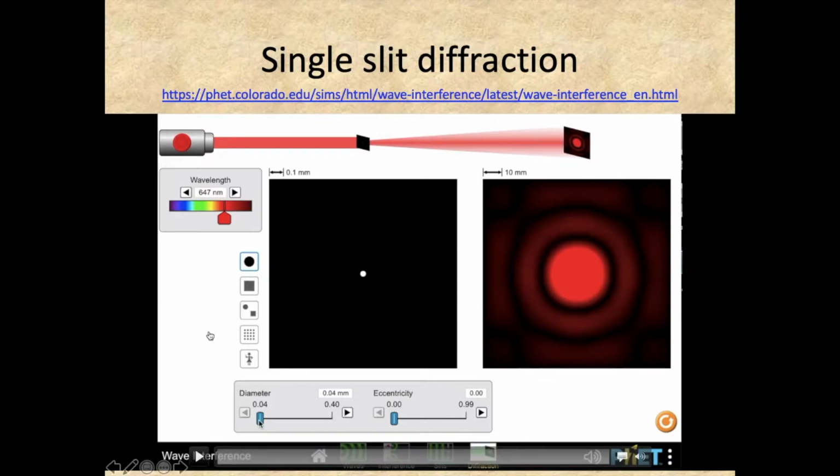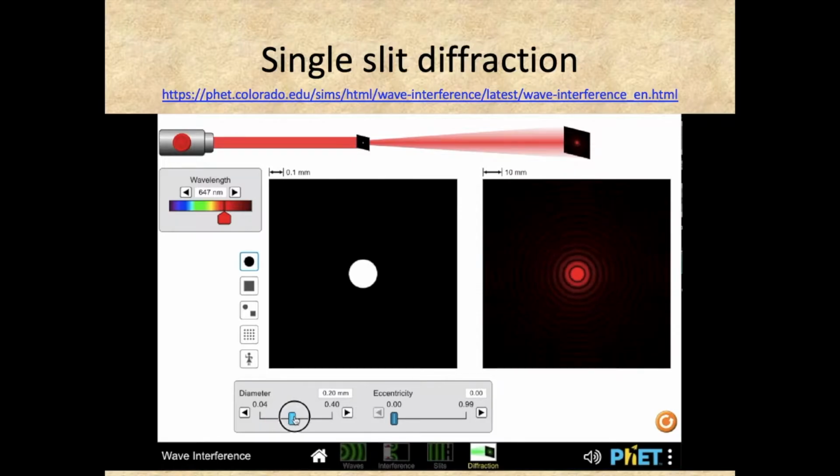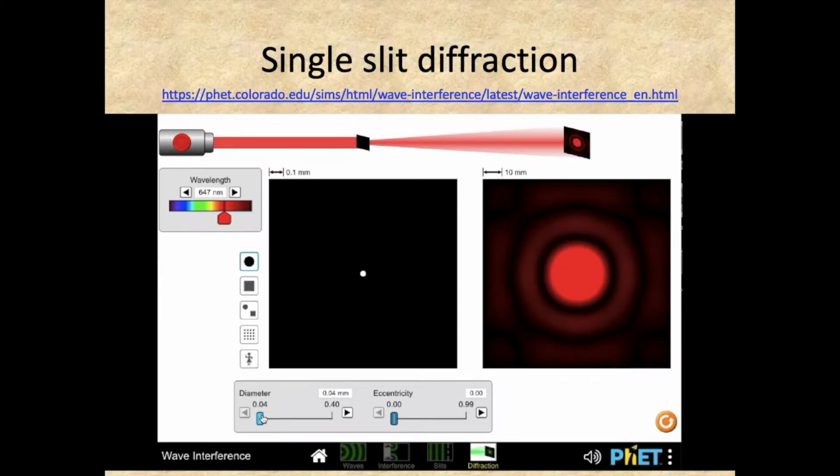So let's see what happens when I change the size of this gap. When I make the slit bigger, you should see that the central bright gets smaller and vice versa.